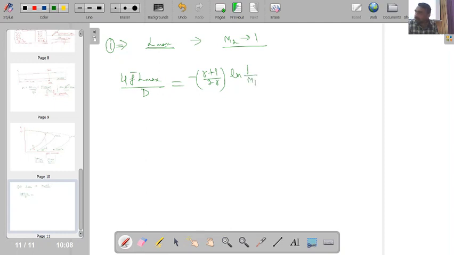Next bracket, 1 minus 1 by M1 square, plus gamma plus 1 by 2 gamma ln of 1 plus gamma minus 1 by 2.